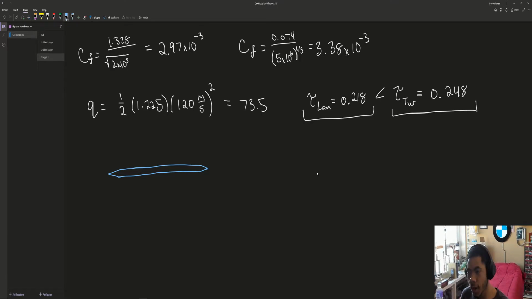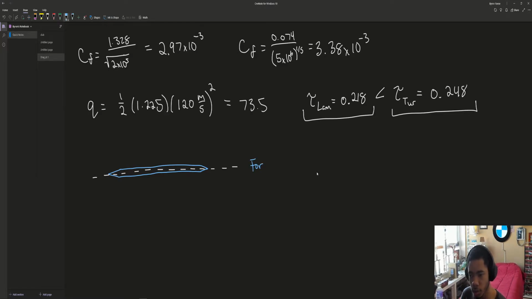Now, if we find this shear, we draw a line straight through, what we actually just found was the shear on one side.